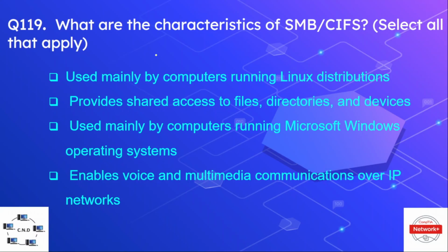Question number 119 is that what are the characteristics of SMB/CIFS? Select all that apply. And the options are used mainly by computers running Linux distributions, provides shared access to files, directories, and devices, used mainly by computers running Microsoft Windows operating systems, enables voice and multimedia communication over IP networks.